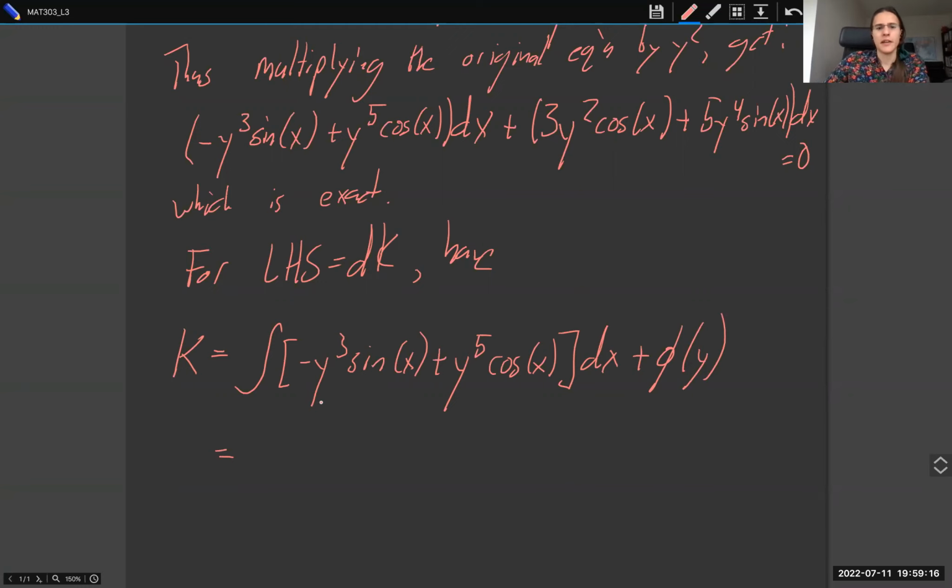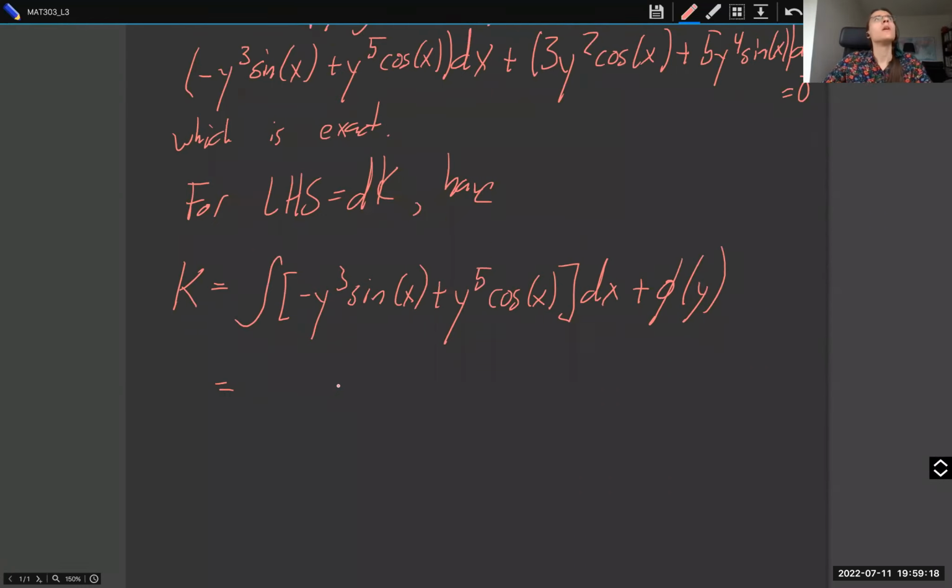And okay, what's the integral of minus sine? Cos. Good. And so here it's the opposite thing. There was a minus, yeah, that's what happens. Sorry, that's the sine.